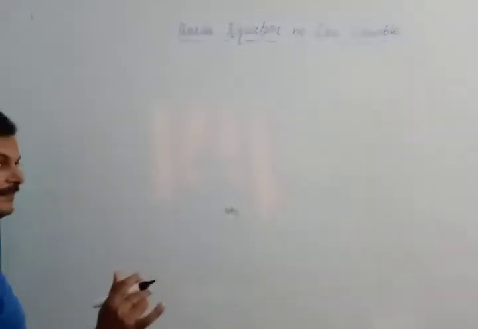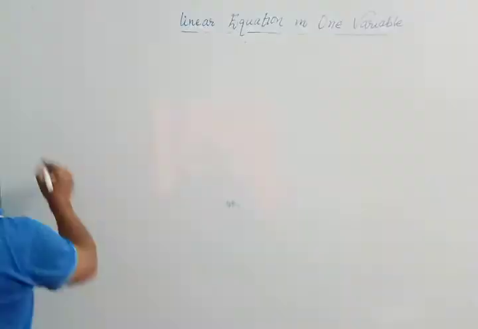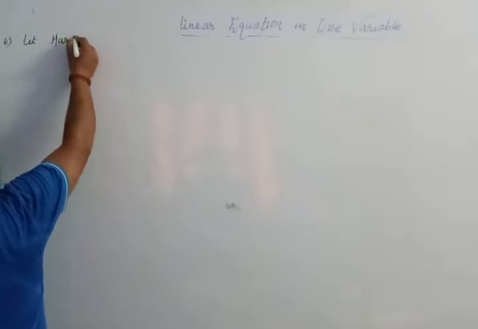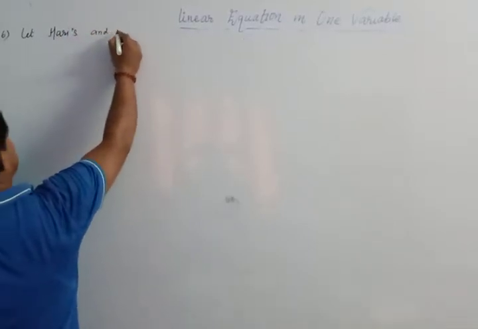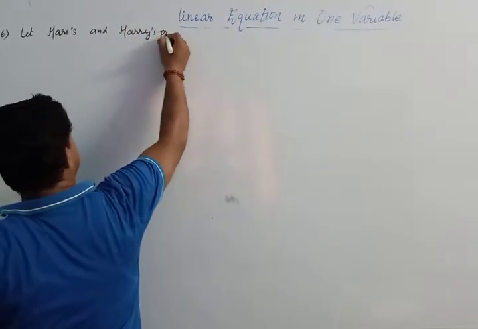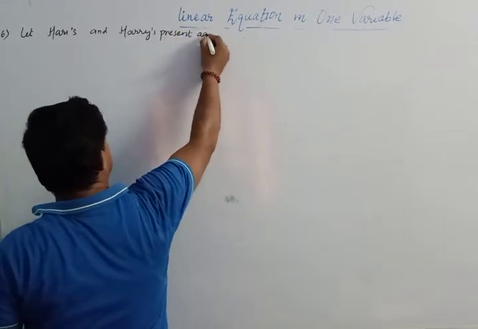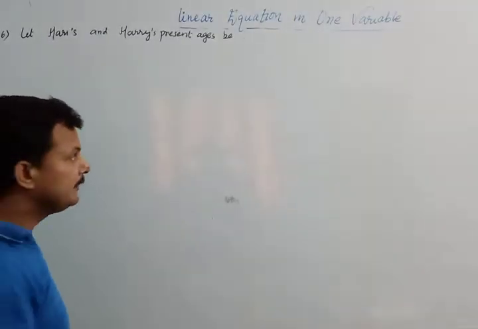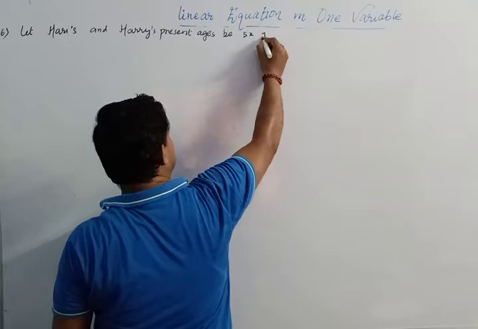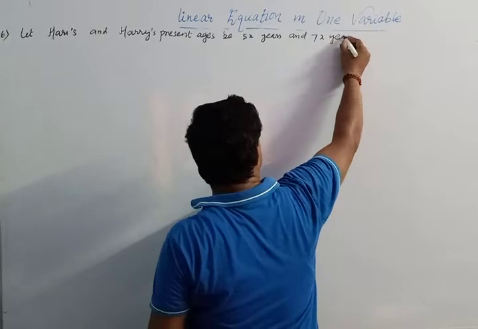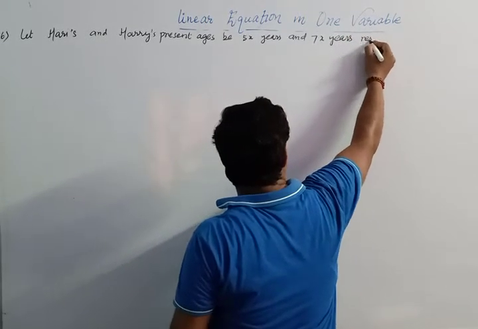On the basis of ratio, we will assume the ages of Hari and Harry. Let Hari's and Harry's present ages be, on the basis of ratio 5:7, 5x years and 7x years respectively.